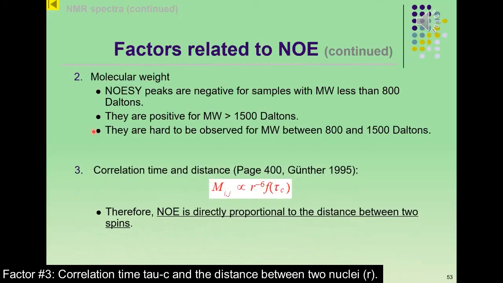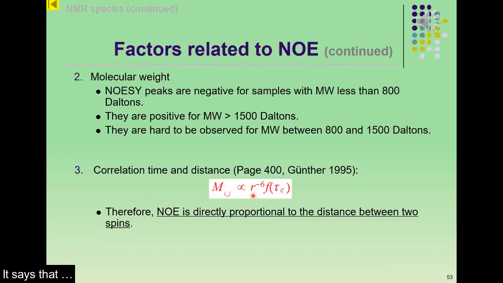Factor number 3, correlation time tau_c and the distance between the nuclei r. It says that M_ij is directly proportional to r to the power of -6 times a function of tau_c.